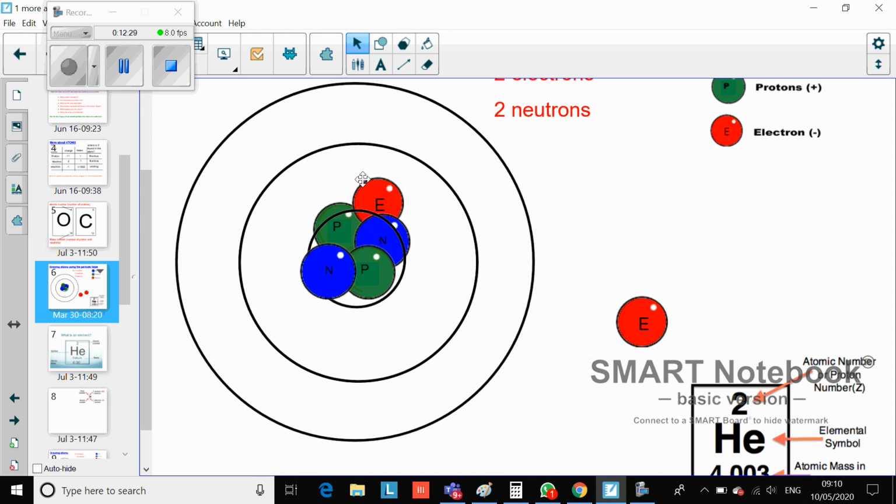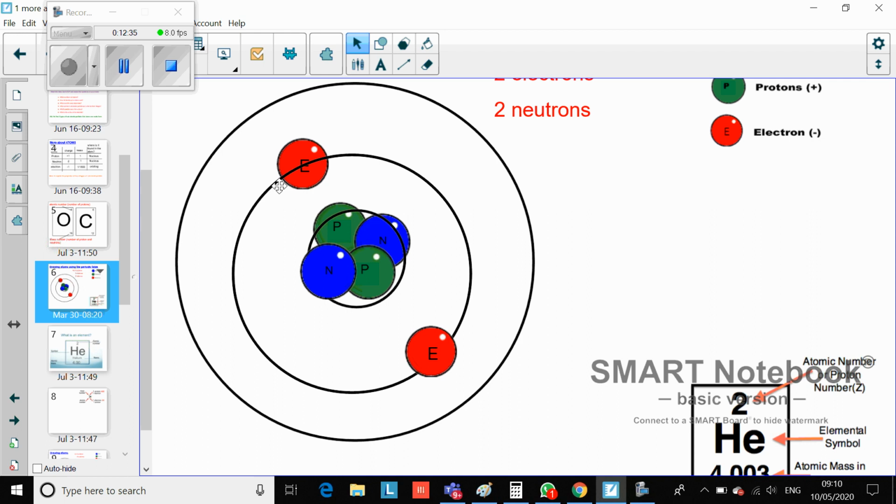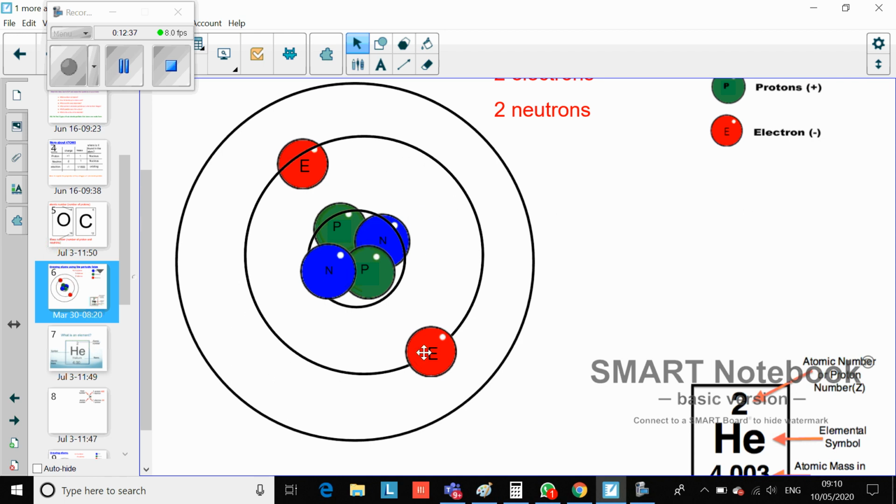So if we add these in, there and there, they'll whiz round really quickly in an orbit like this, and imagine the other one doing the same thing. They orbit in these very distinct shells. So that's basically a helium atom.